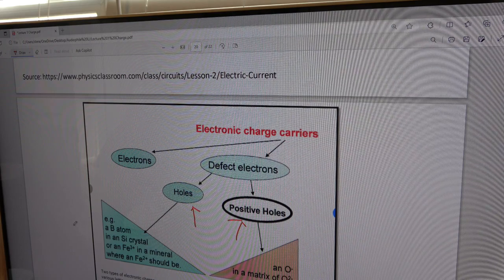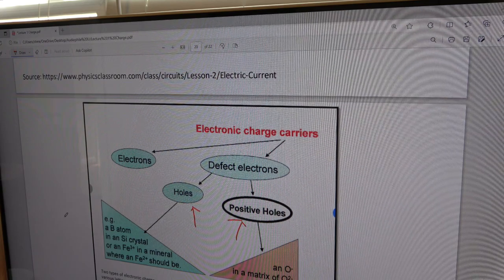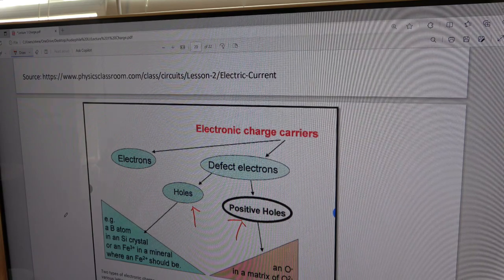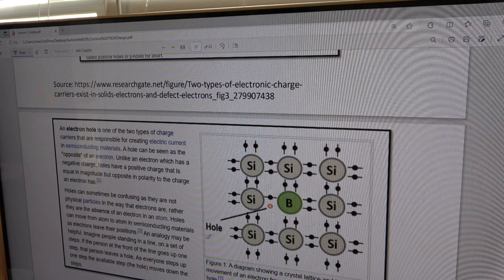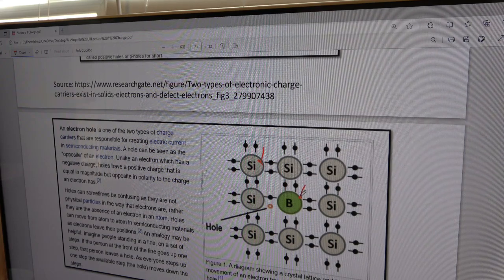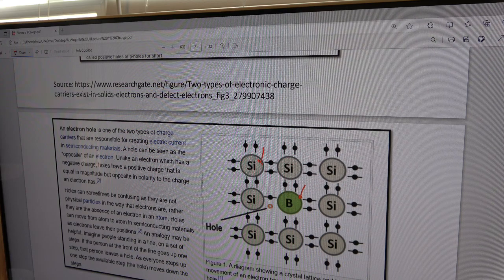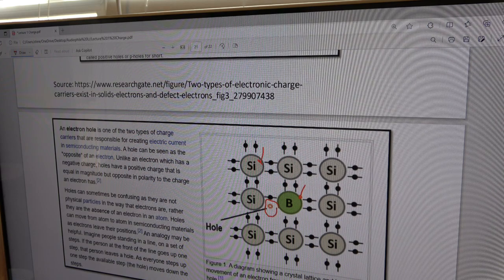And I'm not going to get into that now, this is just an added bonus for you, but in semiconductors and other materials, and this is a depiction of a lattice of atoms, you see how we have a silicon right here, I think. And then you can dope the silicon with another type of atom, and that other type of atom leaves a vacant space.